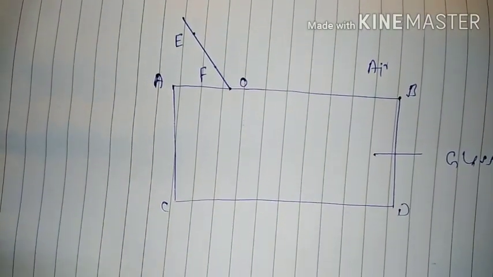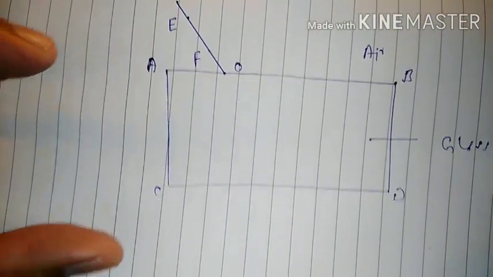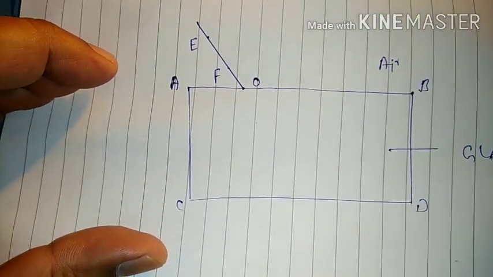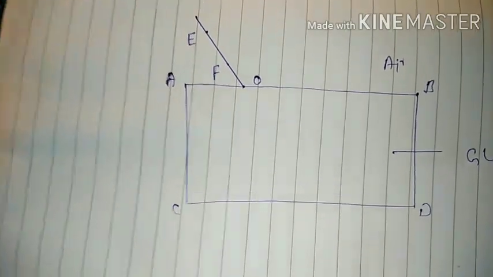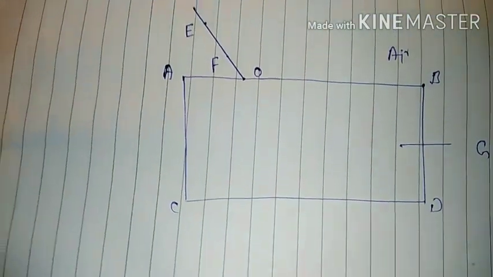So, we sit down at the height of this glass slab and try to install two more pins in such a way that all four pins appear in a straight line.